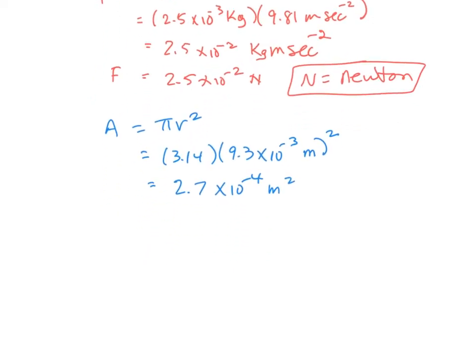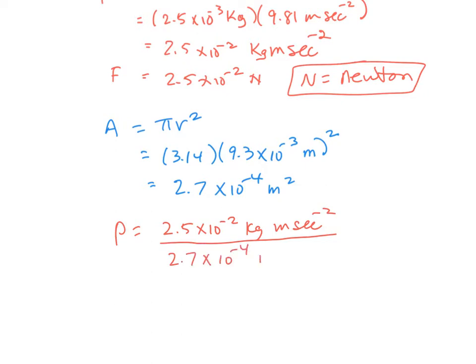All right, so then you want to divide those two numbers. Pressure is going to be the force, 2.5 times 10 to the minus 2 kilogram meter per second squared, divided by area, 2.7 times 10 to the minus 4 meters squared.